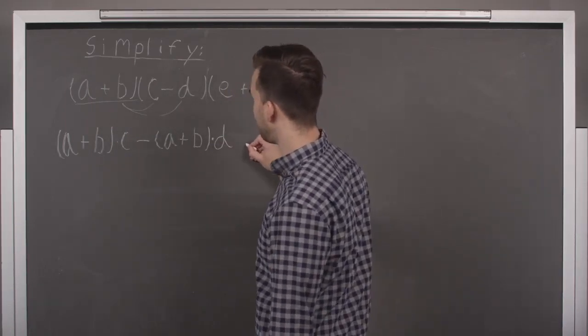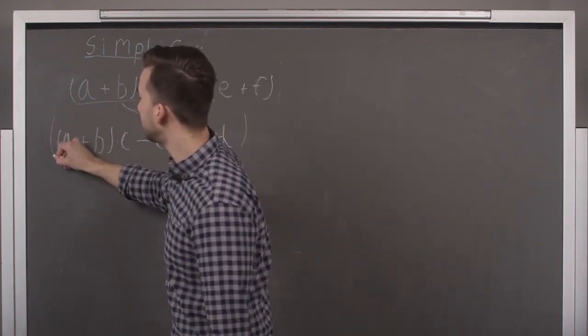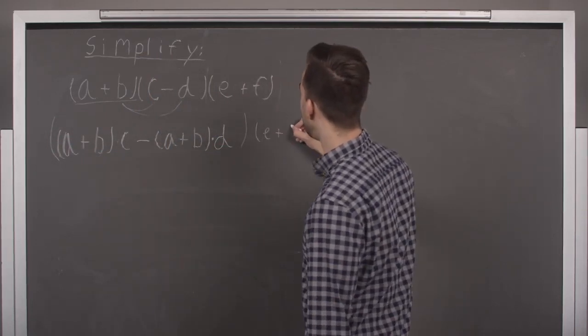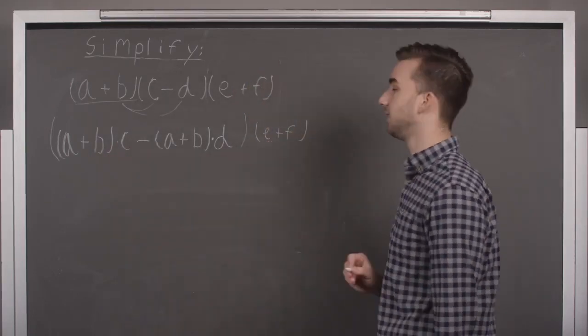And then this all is still in parentheses, e plus f. So all this times e plus f still.